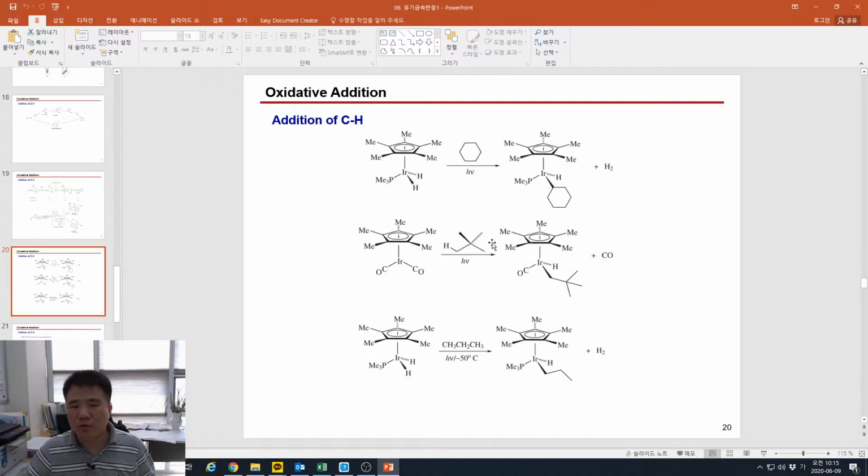Sometimes the addition of a CH bond we call CH bond activation, because generally we know that the CH bond is not reactive, just less reactive, but we try to use it, so we call it CH bond activation.